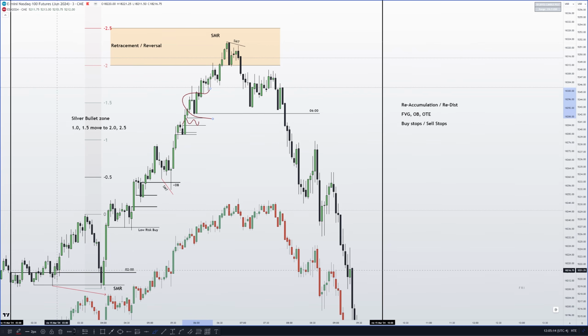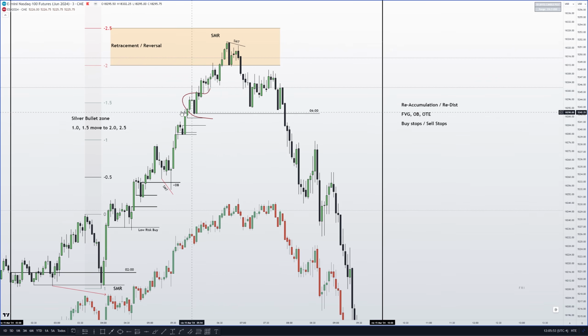The previous range is 2 a.m. So if you pay attention to this 6 a.m. opening, this price opening is at the 1.5 deviation. So what will you expect at the 1.5 deviation? Exactly, a move to the 2 and 2.5 deviation. Correct, continuation to the 2 and 2.5 deviation.